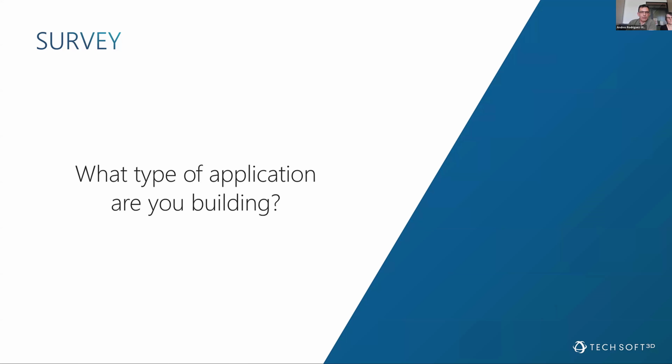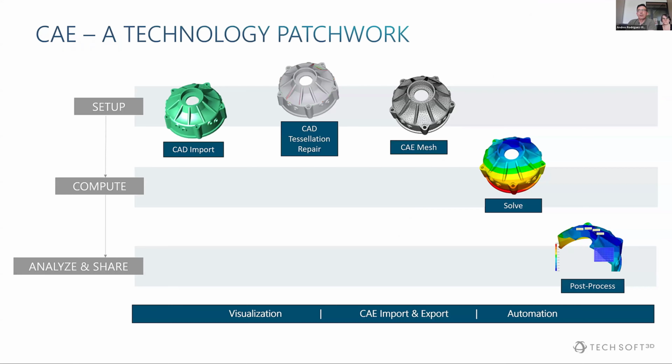All those types of applications really rely on different technologies, and CAE is really a big patchwork of technologies. So I'd like to dive a bit deeper into these building blocks that you will find throughout different CAE applications. CAE is a very diverse domain, even more diverse than what I'm presenting here, and we're focusing on finite element-based CAE in this presentation.